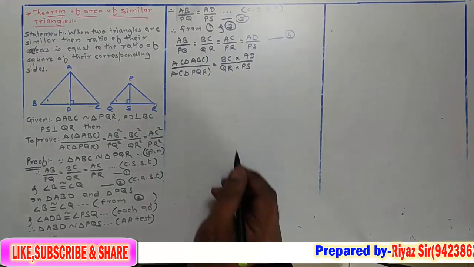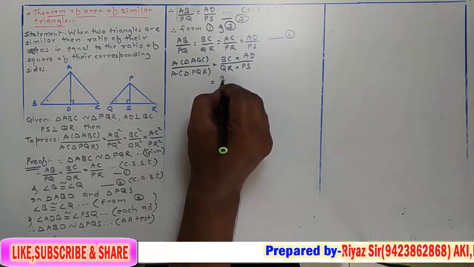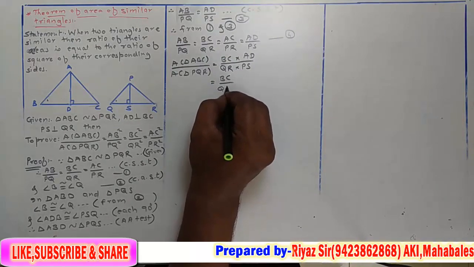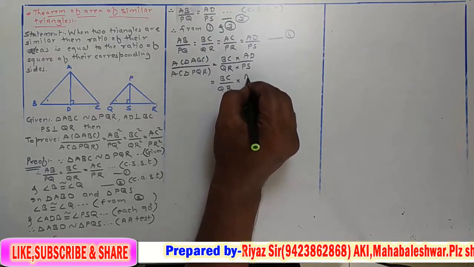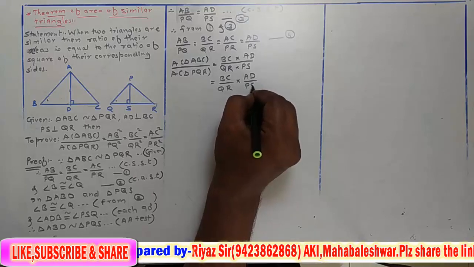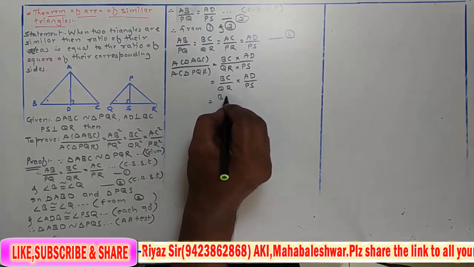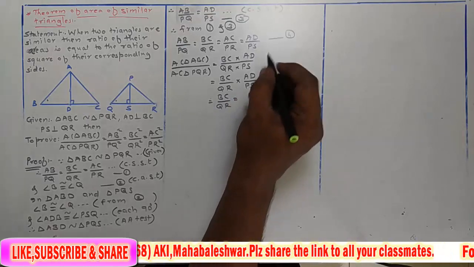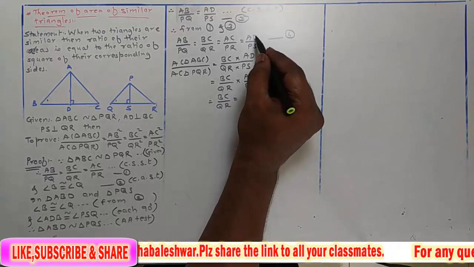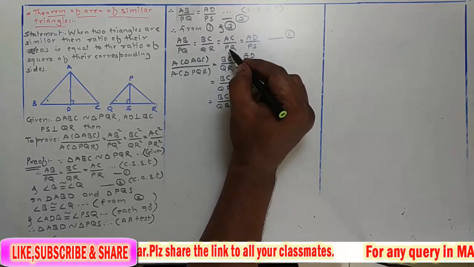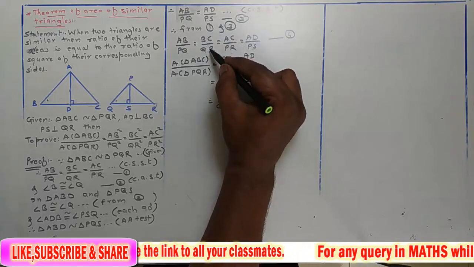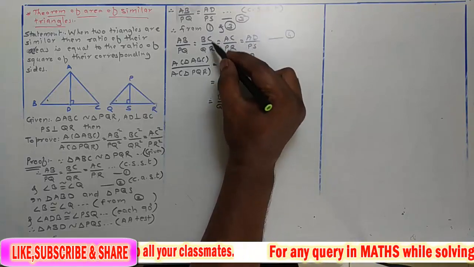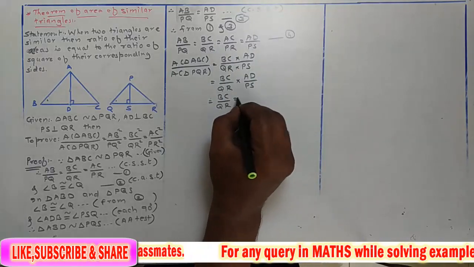Okay, QR into PS. This we can write as BC upon QR into AD upon PS. But from equation 4, AD upon PS, this ratio is equal to AC upon PR, and that is equal to BC upon QR. So that AD upon PS can be replaced by BC upon QR here.